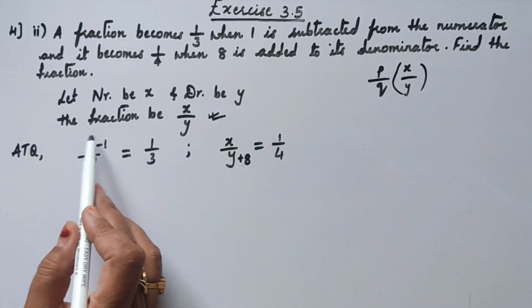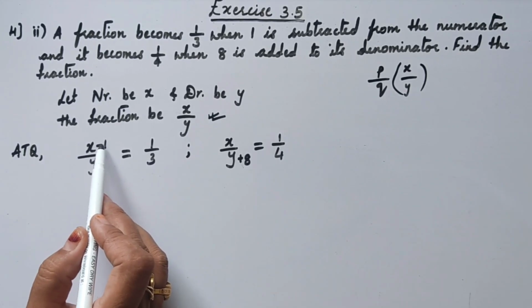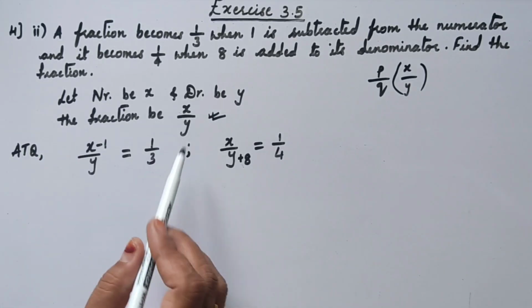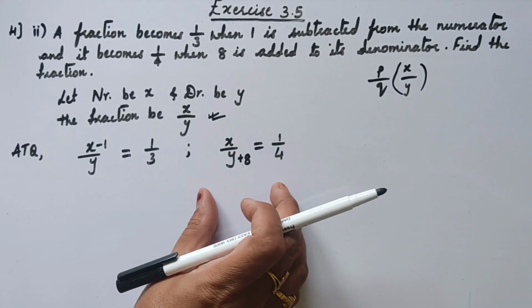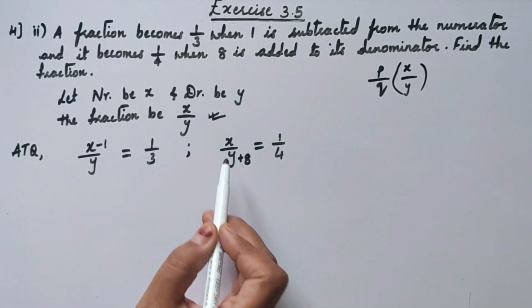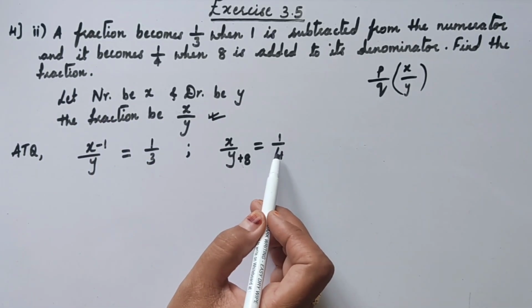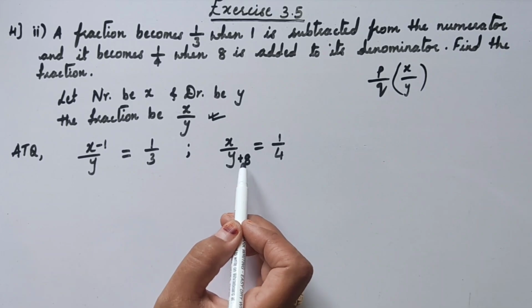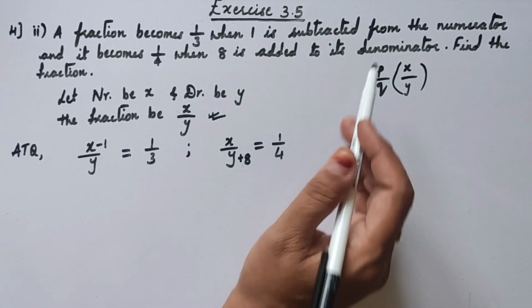So in this numerator part, 1 is subtracted, so I'm going to write minus 1. This is the first part I got. The second part of the question is, the fraction equals 1 upon 4 when 8 is added to the denominator.